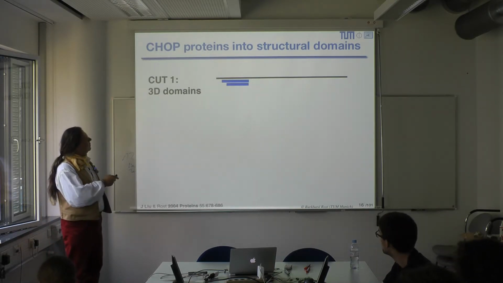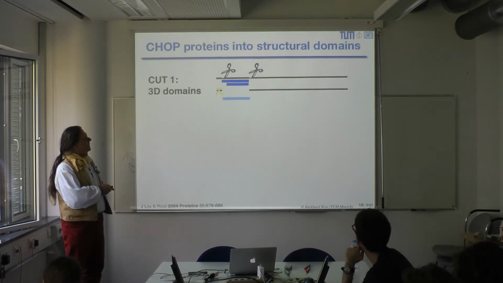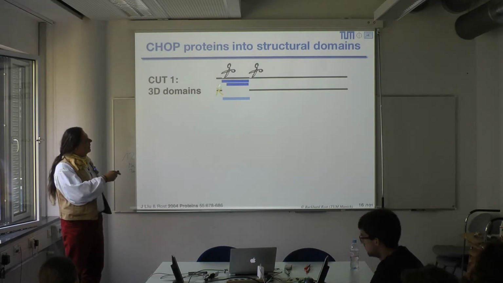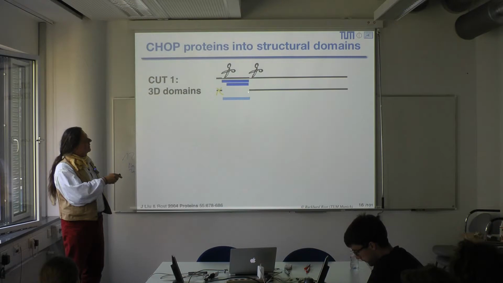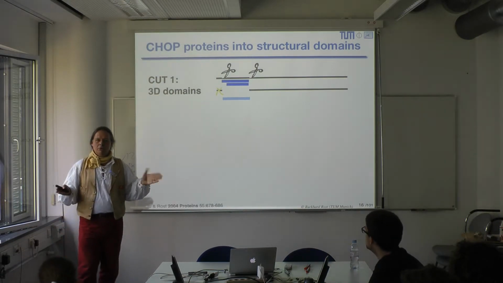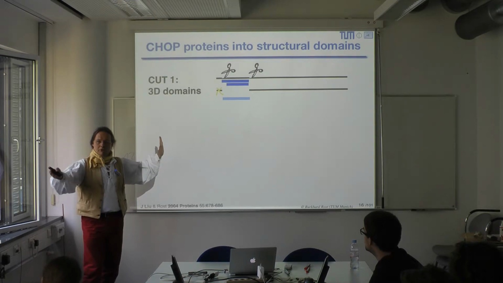Okay, now here's what I do. I have a sequence indicated by this long bar here. I run it against everything in the PDB for which I have a domain assignment. I find this domain assignment and I cut. That is a structural domain, so I say this is a domain. This fragment here is too short, so I throw it away. What would you call too short?